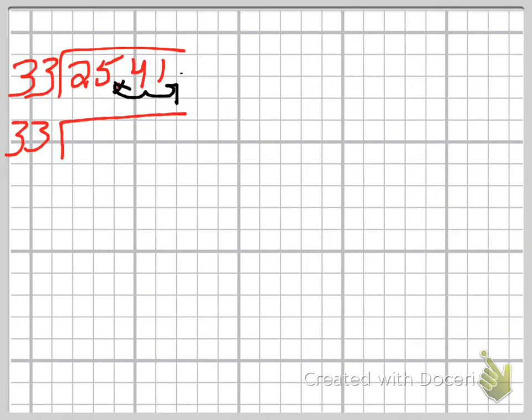So now we have 2,541 divided by 33. We have to keep track of this 2 to be sure we divide by 2 powers of 10 after we get our quotient.